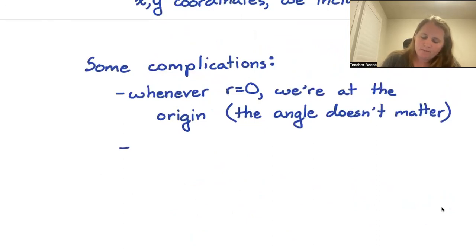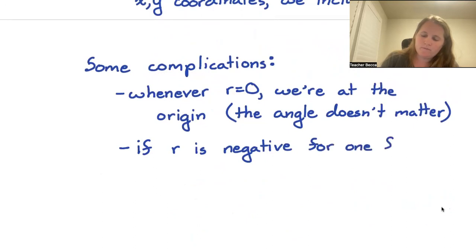Similarly, if r is negative for one function, then the opposite angle will land us on the same point.